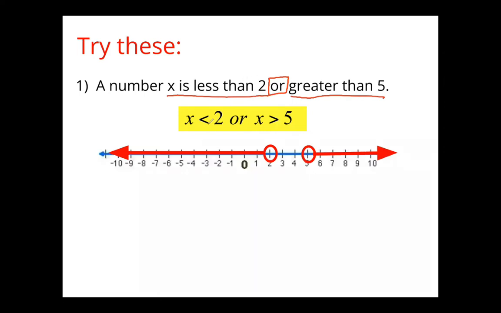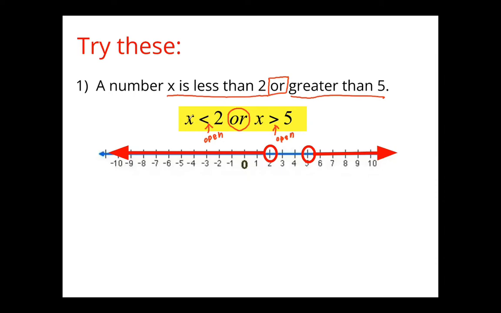Since we have a less than symbol, this is going to be open at 2. And this is greater than, so it will also be an open point at 5. Then, since this is an inequality with the word or, we're going to have two different graphs. So graph these as you would a normal inequality for each.